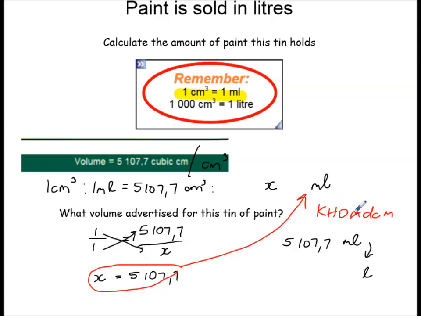To go from milliliters to liters, 1, 2, 3 jumps back, so 3 places, we are going in this direction, so we know we divide. On your calculator, or if you know how to divide, your comma moves 1, 2, 3 places to the left.